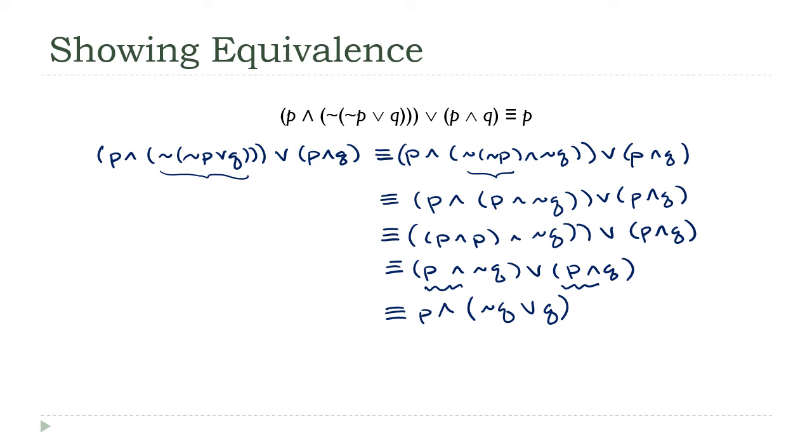And if we look at one of the negation laws, not Q or Q is a tautology. So this is equivalent to P and T. And P and T, according to the identity law, is just P. And that's what we wanted to show. Right? That's it. There's the equivalence that we were looking for.